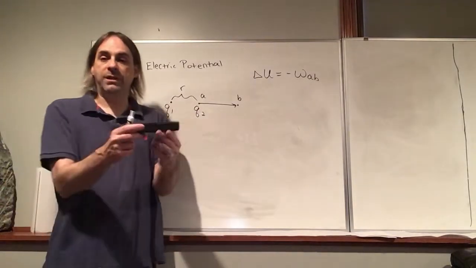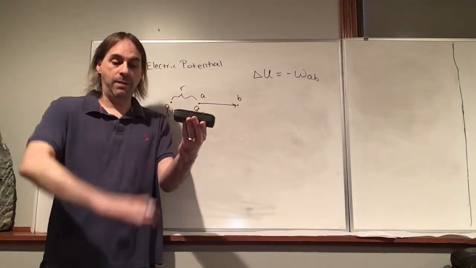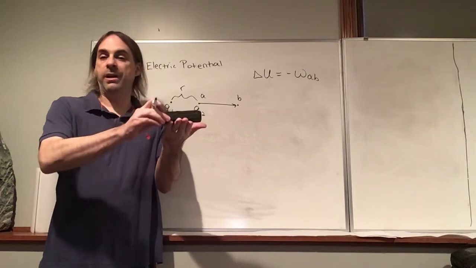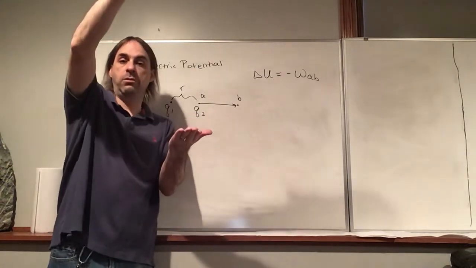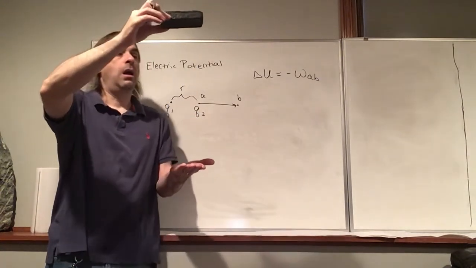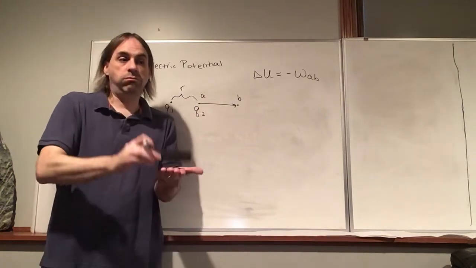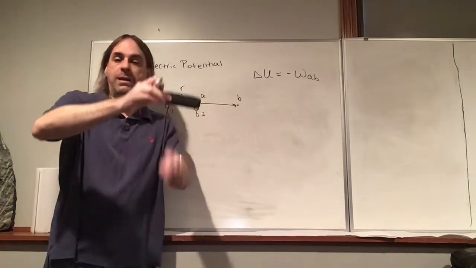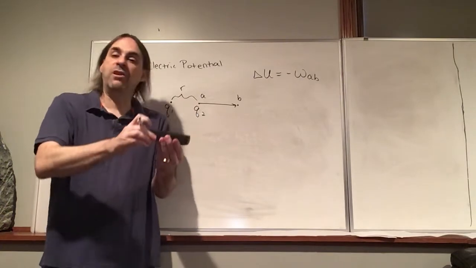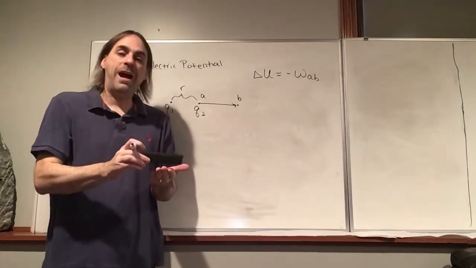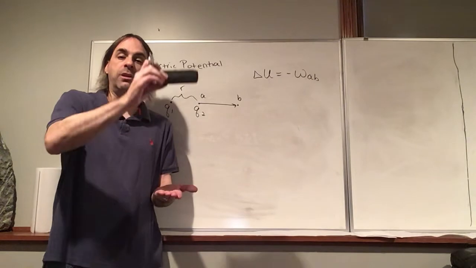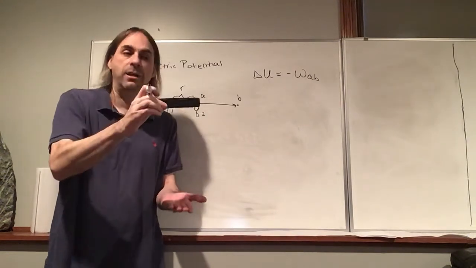So like here, if this is A, like the height above the ground, let's say, that'd be like HA, and I lift it up to height B. Gravity is down, and I'm lifting it up. So the work that gravity is doing as this object is moving upwards, gravity is doing negative work.